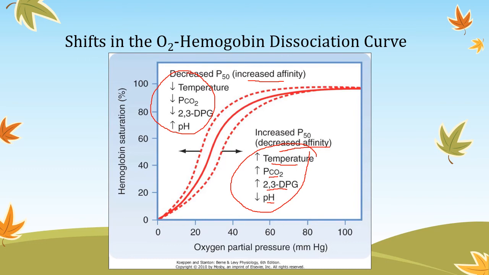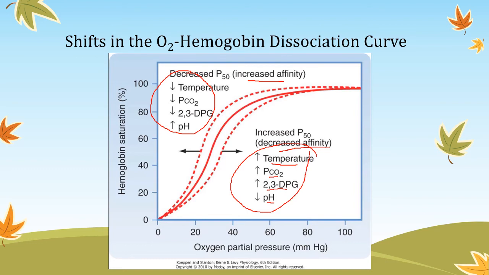When hemoglobin has decreased affinity towards oxygen, it dissociates faster, it dissociates easier, meaning if hemoglobin has less affinity towards oxygen, it releases it easier.